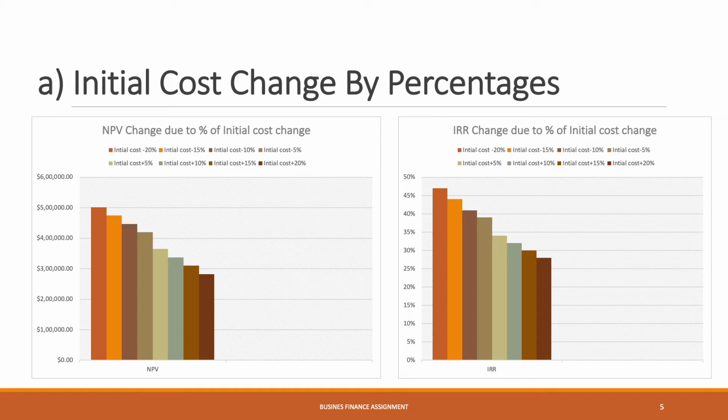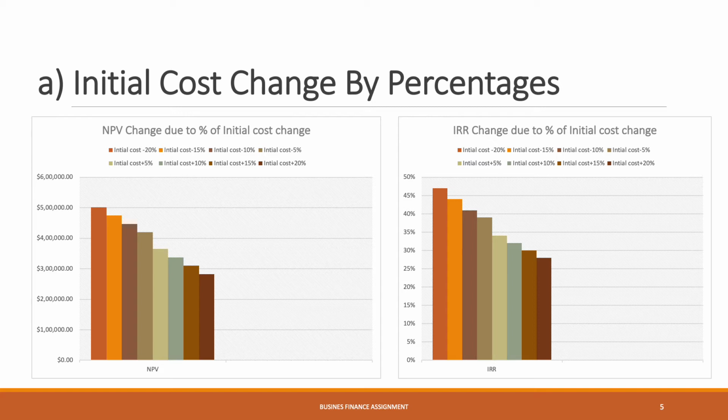The first part in which we are doing the sensitivity analysis is the initial cost of the machinery, that is $650,000. We have done the sensitivity analysis for 8 different values from minus 20% to plus 20%. When the initial investment is decreased by 5% to 20%, NPV and IRR both increase.